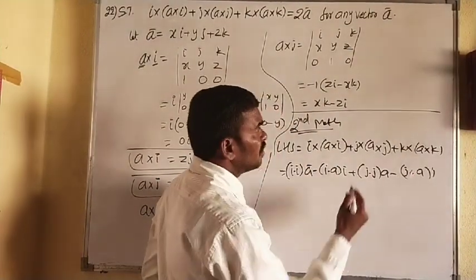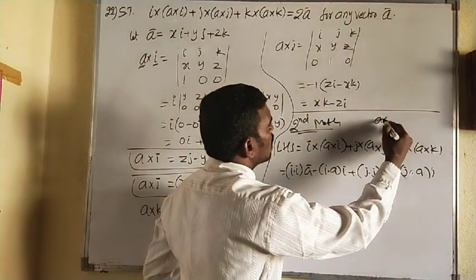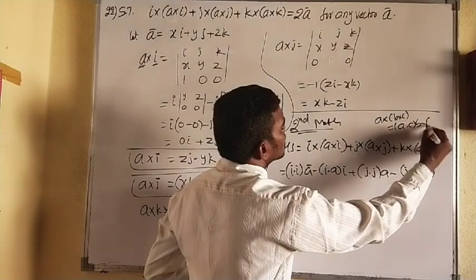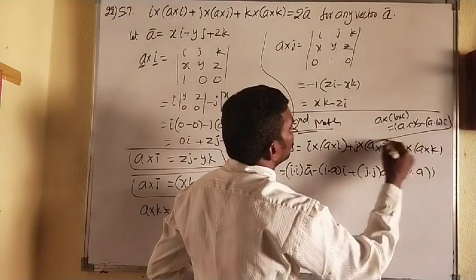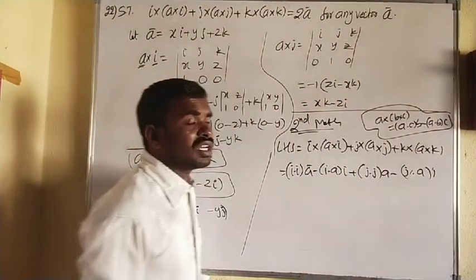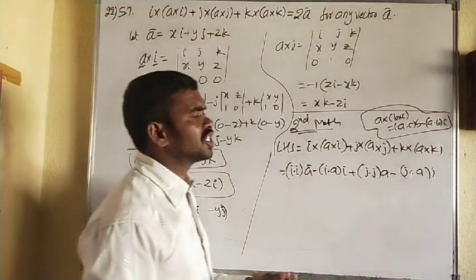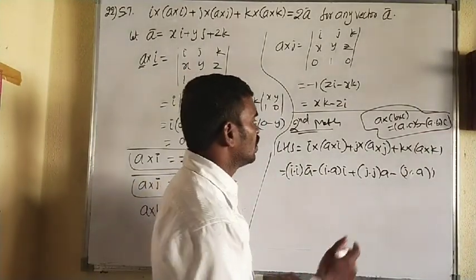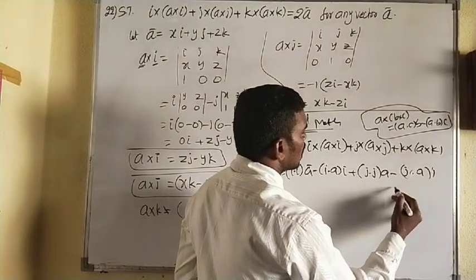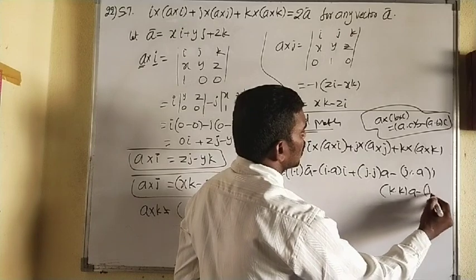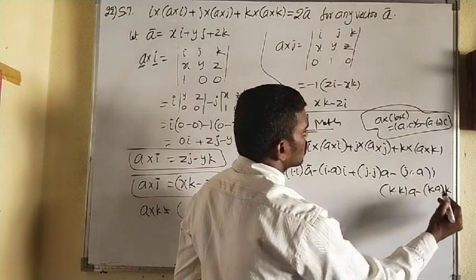We are using the formula a cross b cross c equals a dot c into b minus a dot b into c. It is a theorem; we proved that theorem also in long questions, I think part 2. Next, k dot k into a minus k dot a into k. So this is the simplification.